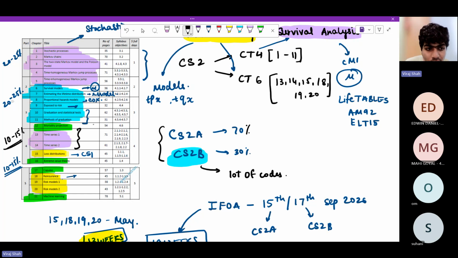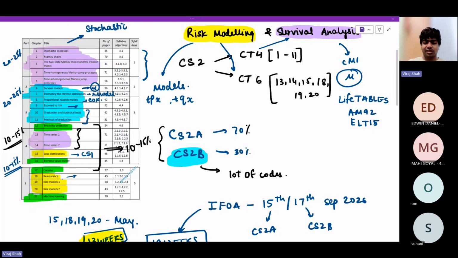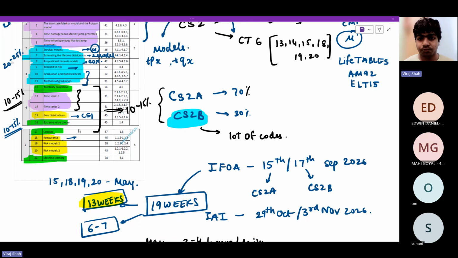The marks holding for 12, 16, 17 compiled, if I talk about these three, is almost 10 to 15%. The weightage is a little lesser, but what do you mean by mortality projection? Mortality projection is again predicting the future mortality based on the current affairs.